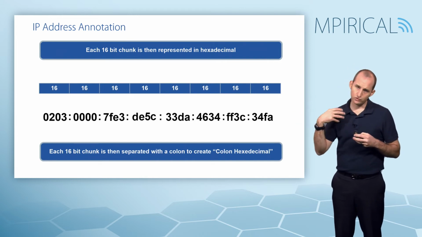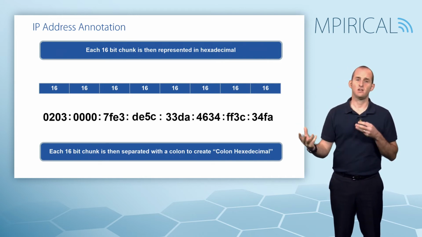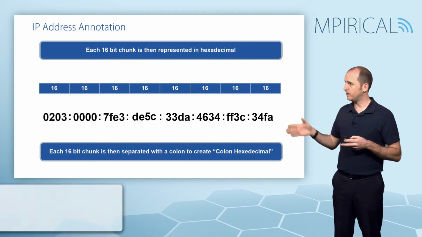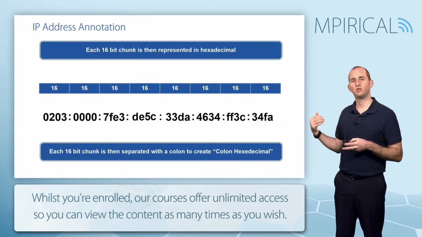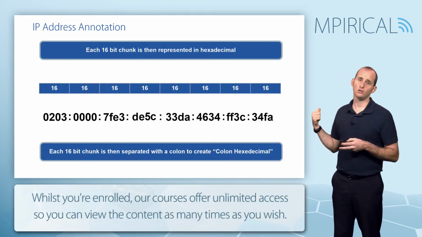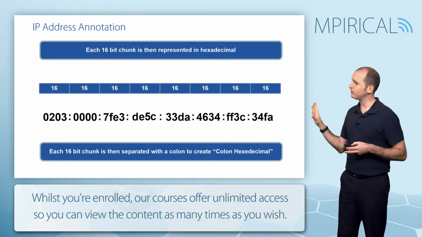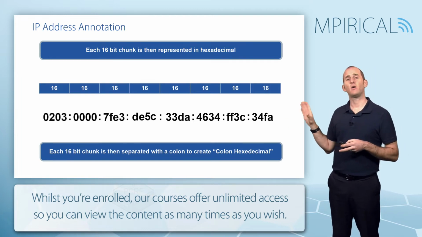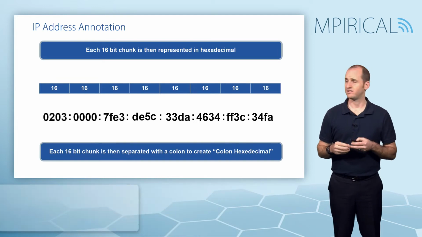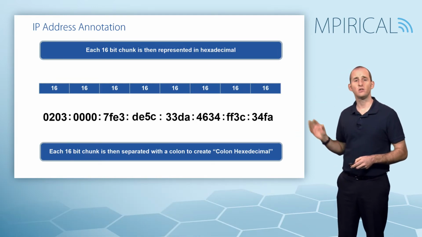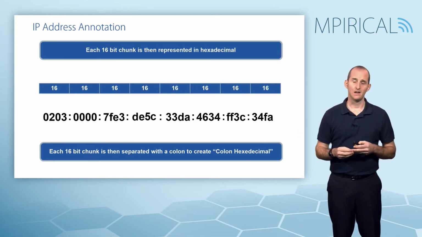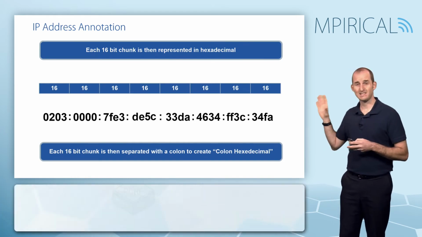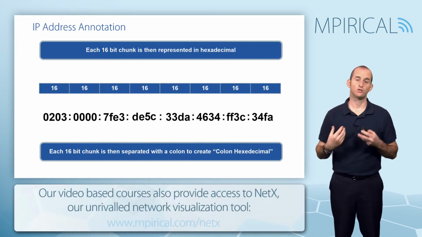So once we've conducted the binary to hex conversion, we can separate our 16-bit chunks using a colon. And that is the typical format for our IPv6 address. It is termed colon hexadecimal. But as you can appreciate, it's still a very long address.